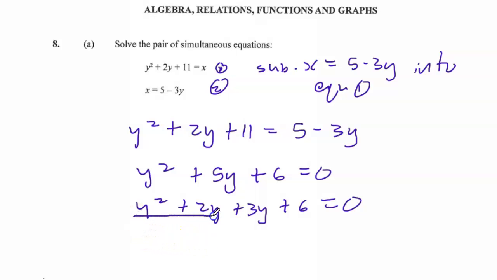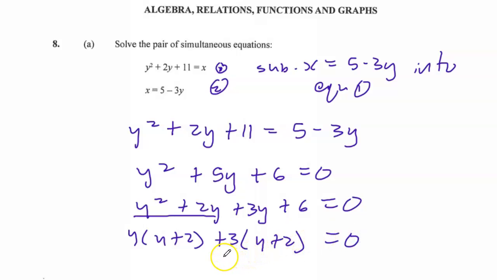So we factor by groups, we end up with y plus 2, y plus 3 is equal to 0.